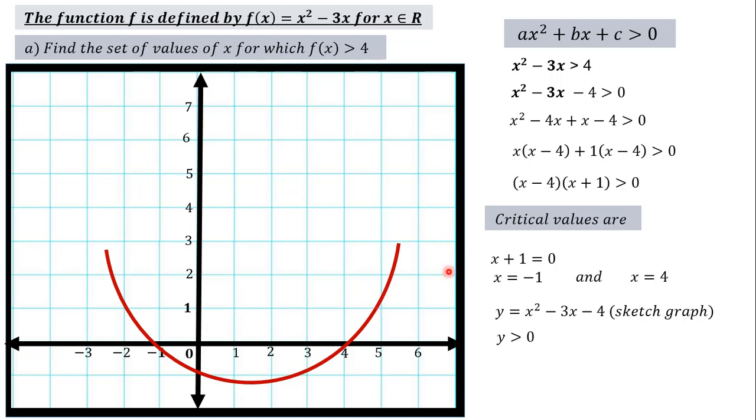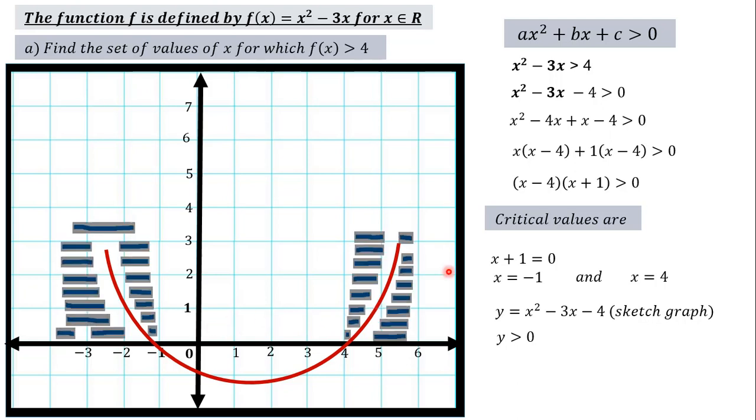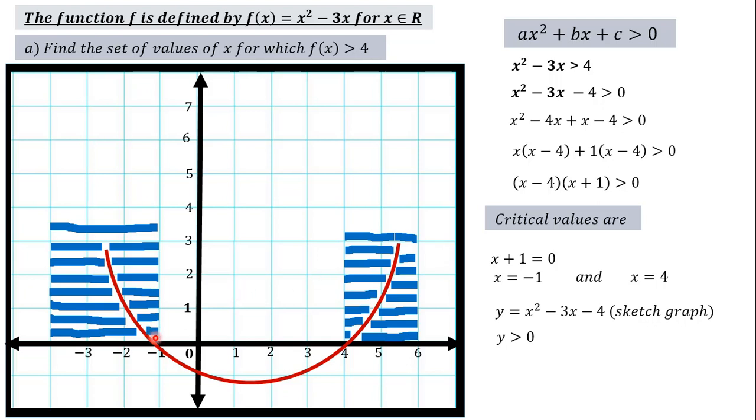So students, the region that we are looking for is the region towards the left of -1, where the values of y are greater than 0, and towards the right of 4, where the values of y are greater than 0. The only region where the values of y are less than 0 is in this region.